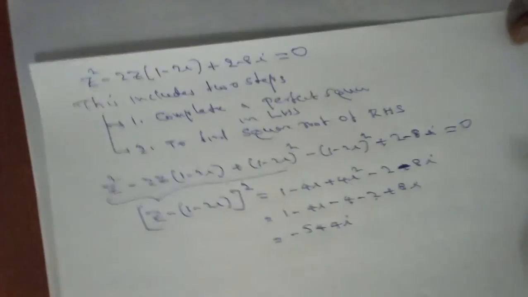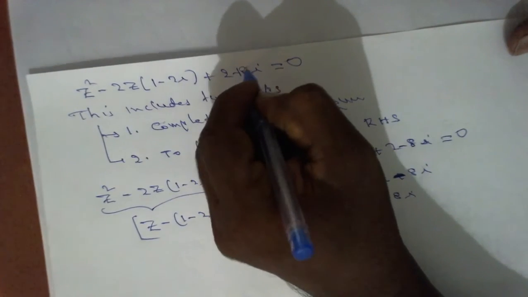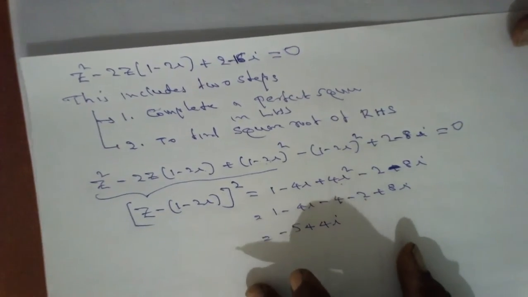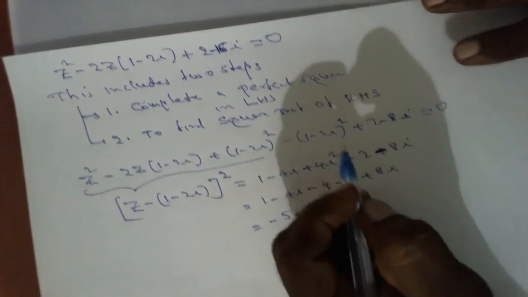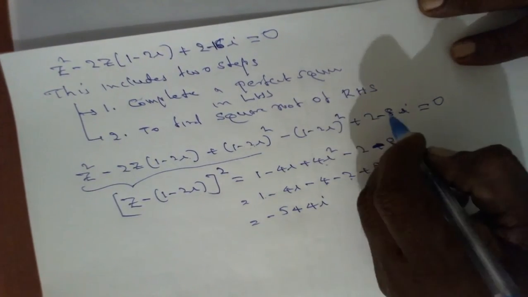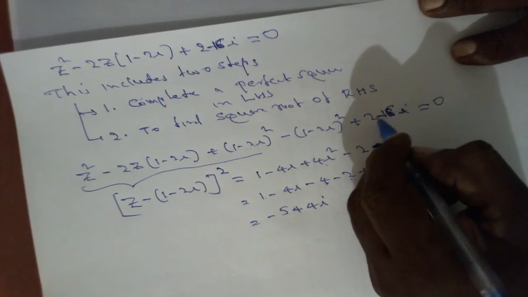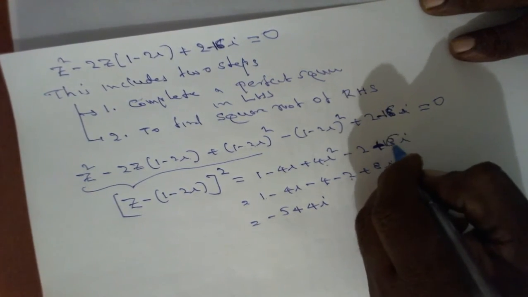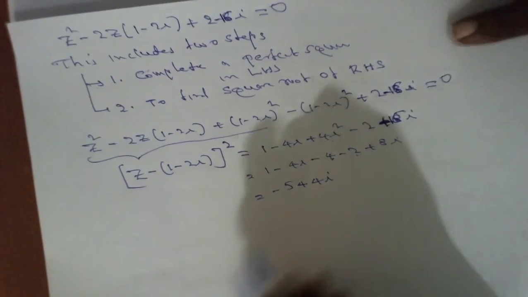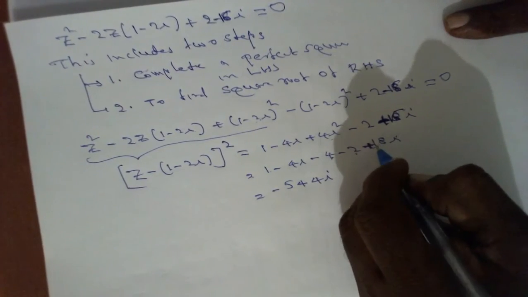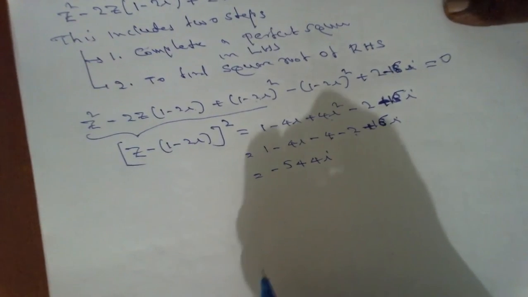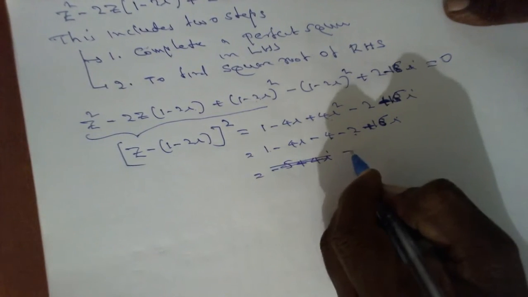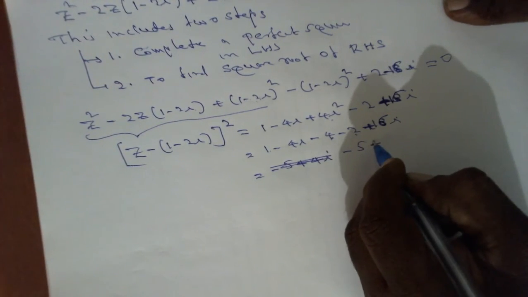Some small correction, right? Here minus 16i, so that you can have some simple values: 2 minus 16i. Then this equals minus 5 plus 12i.